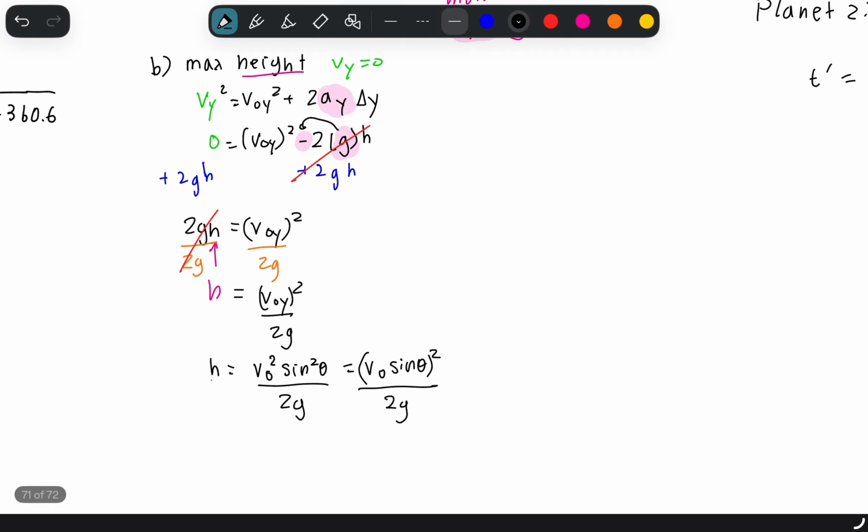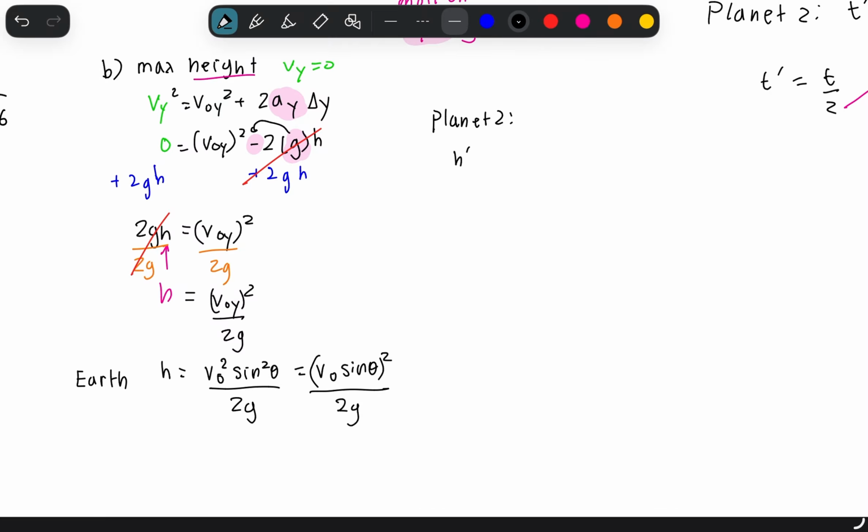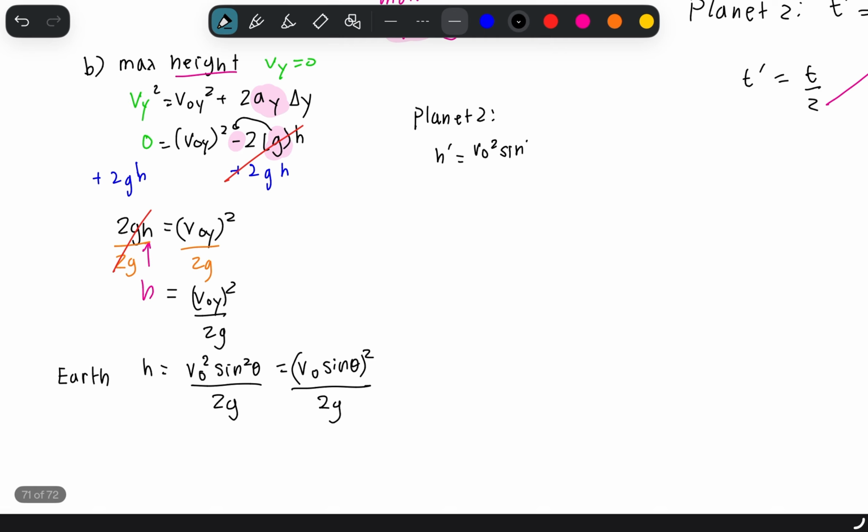Now, this is when you are on Earth. However, when you are on planet 2, we are going to have h prime, not our normal h, because we have twice the gravity. So you have V initial squared sine squared theta over 2 times g, but this time we have twice g.